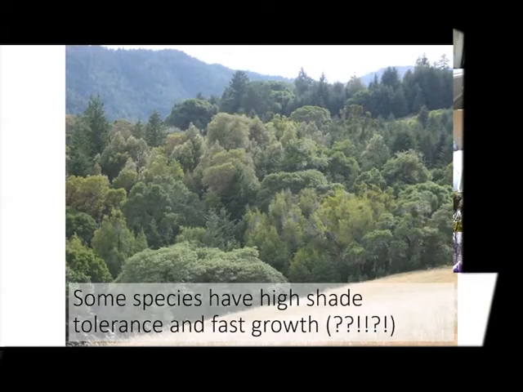Douglas fir is a relatively shade tolerant species, but it will also grow rapidly. For example, Douglas fir will get established in the understory of many of our broadleaf species, our broadleaf oaks, and it will actually grow through the canopy of these forests over top oaks and then shade them out.